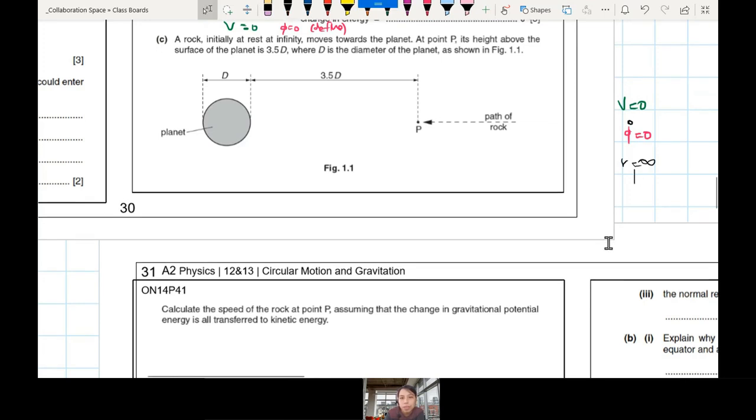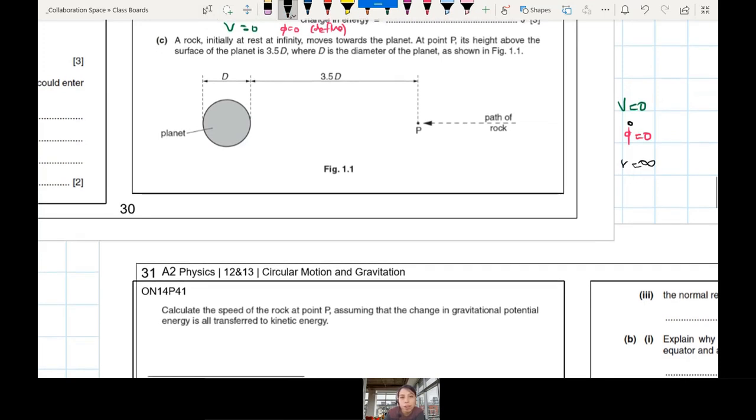They didn't give us a graph, but you can draw your own graph. It will look something like this. First you have the vertical axis, aligned with the center. Then you have the horizontal axis that goes very far, all the way to infinity.